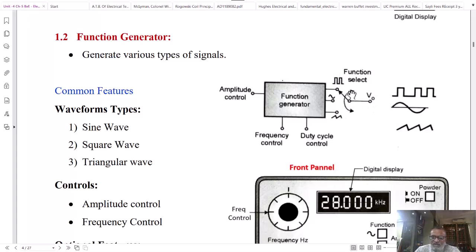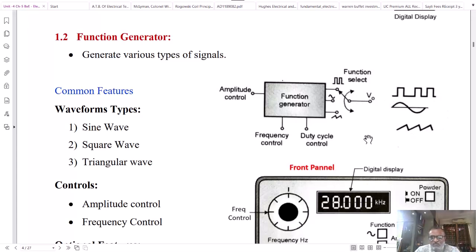With the selector switch in the square wave position, you will get the square wave out. With the selector switch in the sine wave position, the output voltage is sinusoidal in nature, and with the selector switch in the triangular position, it provides the triangular wave as output, as shown here.